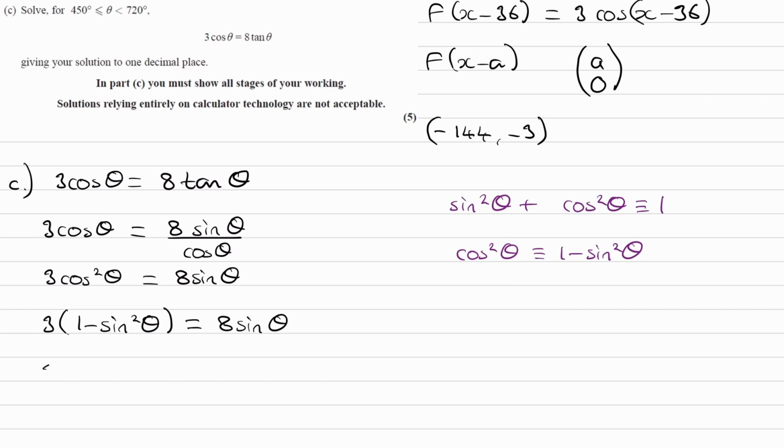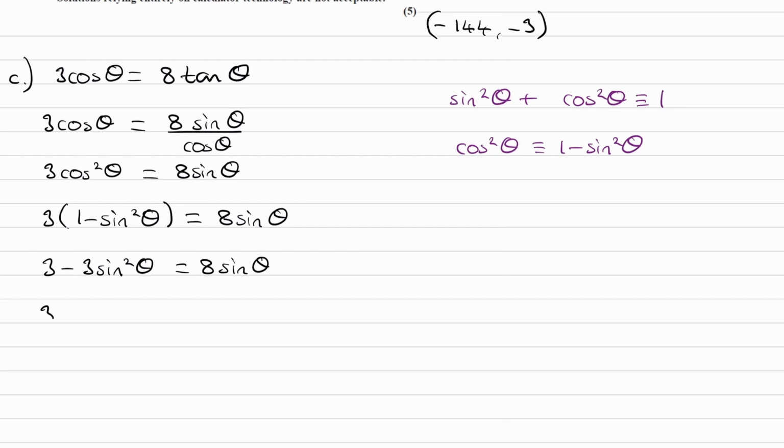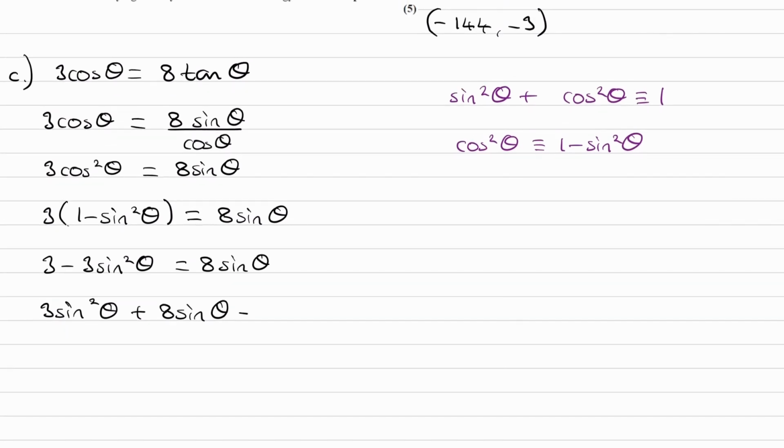And the reason I did this is because if we expand this out, we then end up with a quadratic with sine theta effectively being like x. So I can bring all of this to the right-hand side just to make the sine squared term positive. So 3 sine squared theta plus 8 sine theta minus 3 is equal to 0.